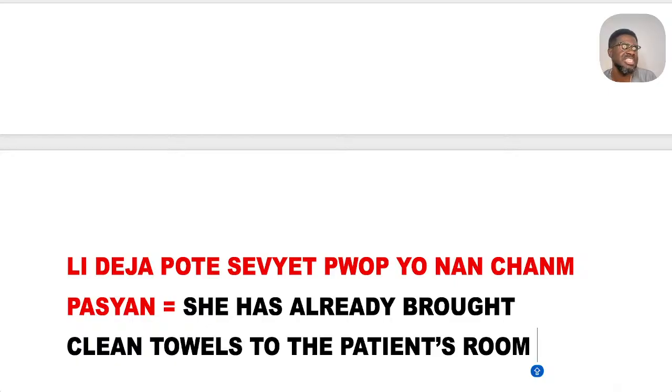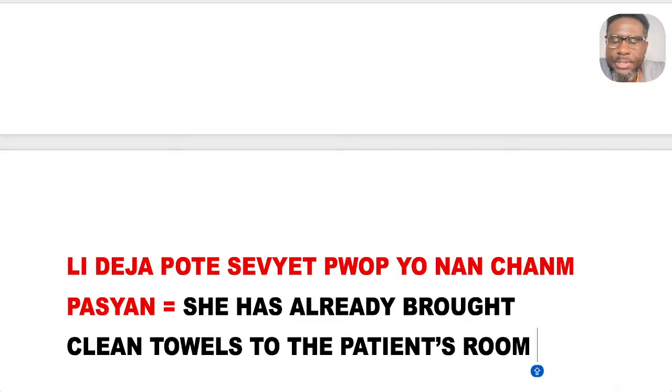So the patient's room. So the room belongs to the patient. It belongs to the patient. Okay? That's what it shows. It shows that the room belongs to the patient when we put the apostrophe on that one specific person.